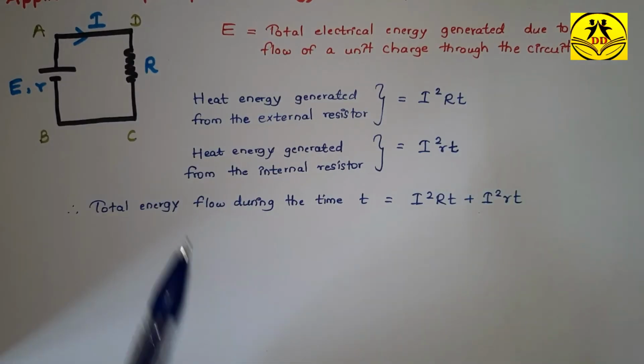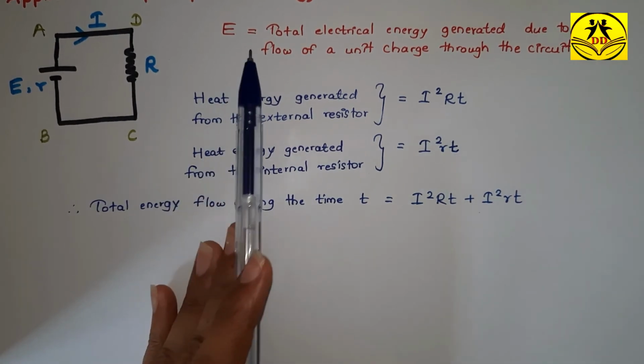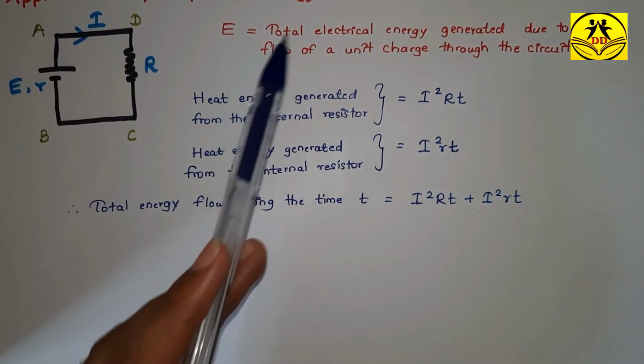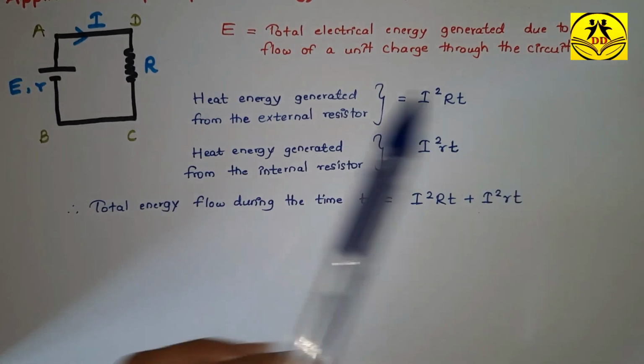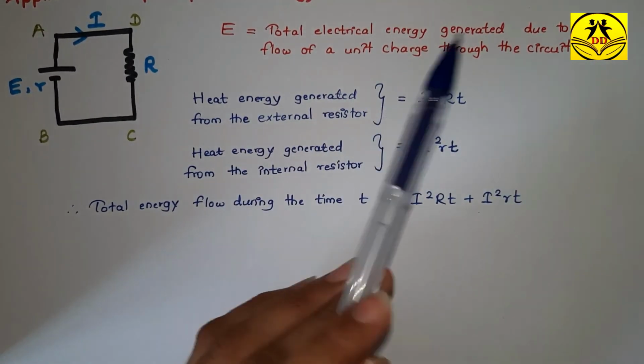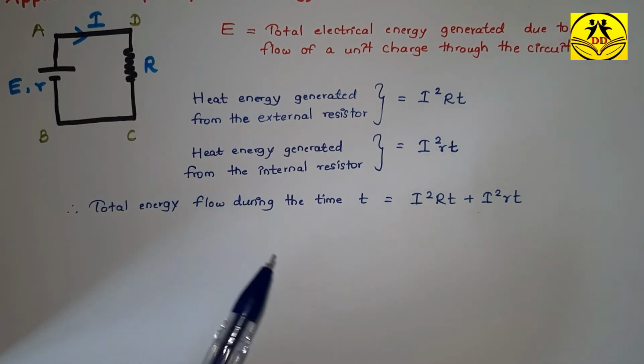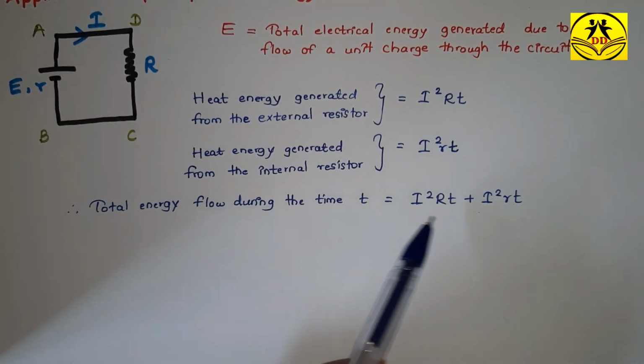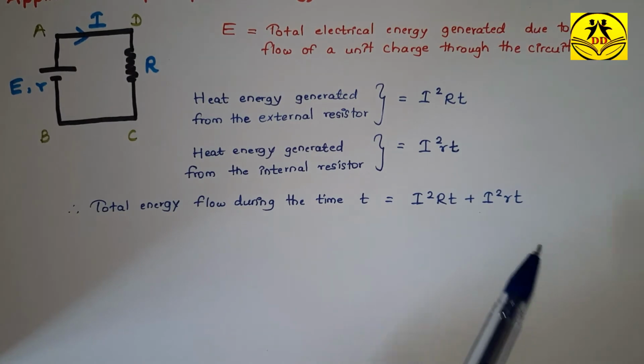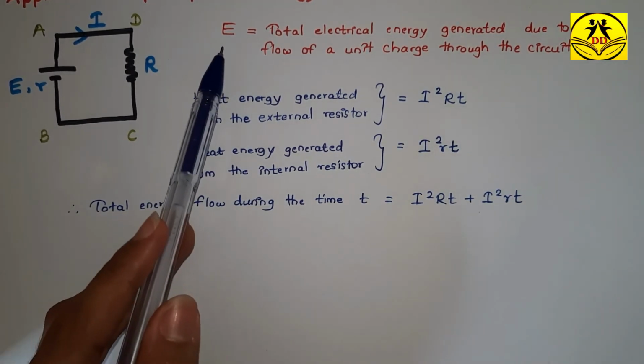So then, according to the definition of EMF, which is the total electrical energy generated due to the flow of a unit charge through the circuit, we can write this total energy flow during time t for a unit charge. That will be equal to the EMF of the cell.